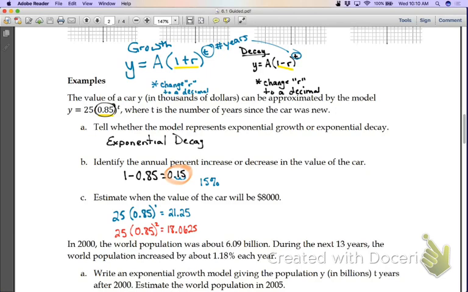I can continue to plug values in. It says estimate. Again, you can plug in 3, you can plug in 4, you can plug in 5, you can plug in 6. How many years do you think? Just a random estimate, not trying to plug in every value.